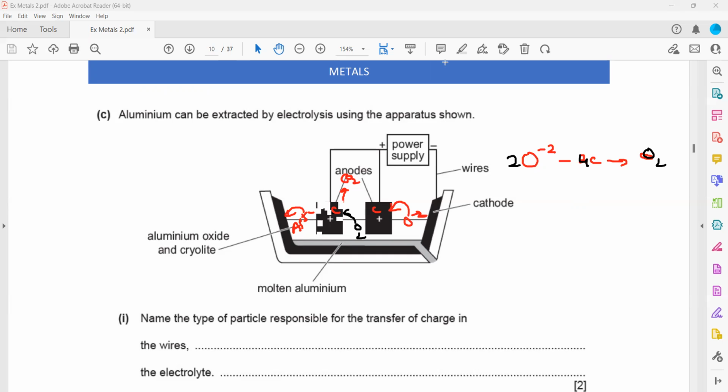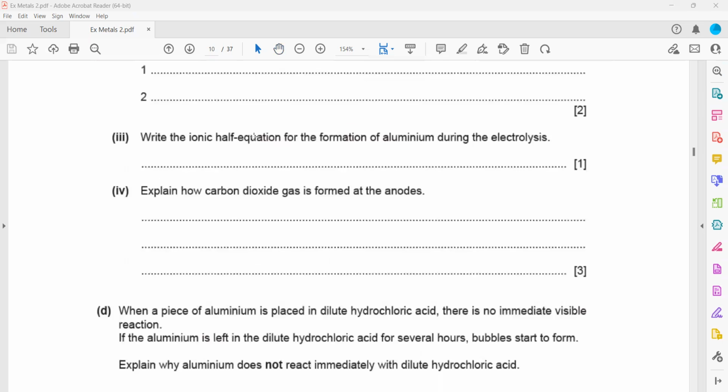So the question is how carbon dioxide gas is formed at the anode. The answer: the oxide ions form oxygen at the anode, 1 mark.